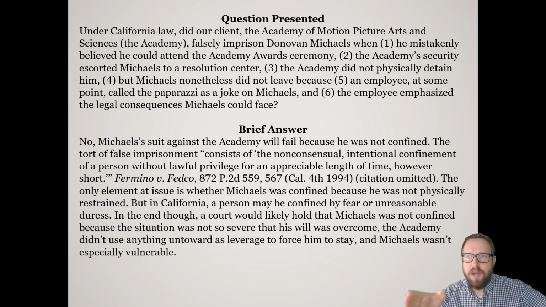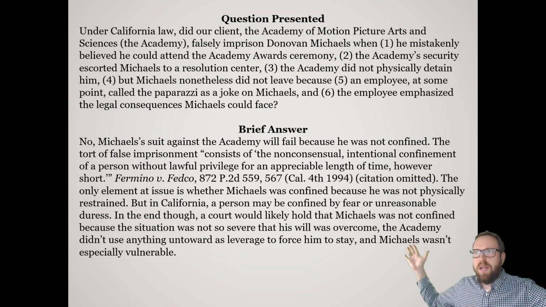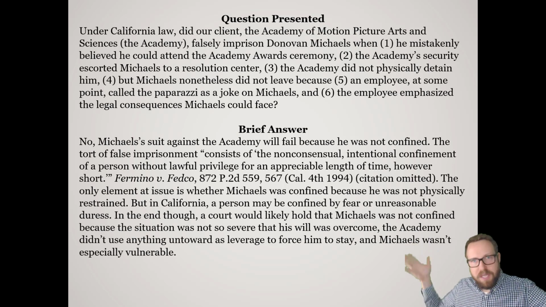It starts with a one-word answer, no, the brief answer does, and then the conclusion there, the prediction, and then the elements. The tort of false imprisonment consists of, those are the elements, and then it states the issue there, just really quickly focusing the reader on which element is at issue. So you see what's going on? In the question presented, it was this broad issue of, was somebody falsely imprisoned?